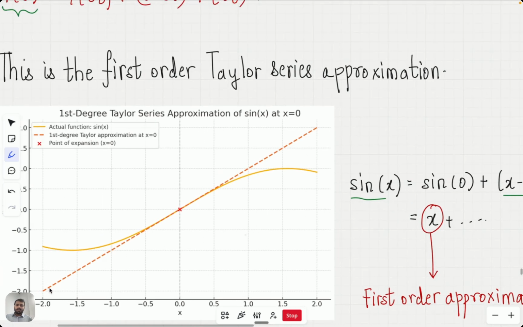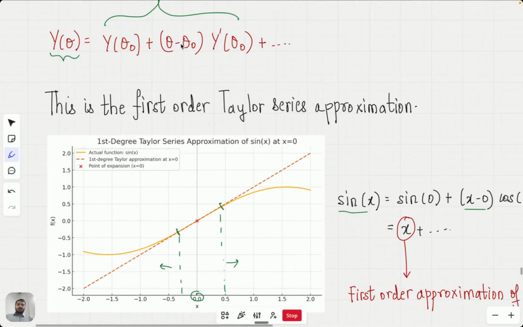So we use a linear function, x, to approximate sine of x, which performs very well up to this limit. But the moment x deviates from 0 by much, it does not perform well. So Taylor series offers a very nice way to approximate functions that do not deviate much from the base point. Here the base point I considered was 0.